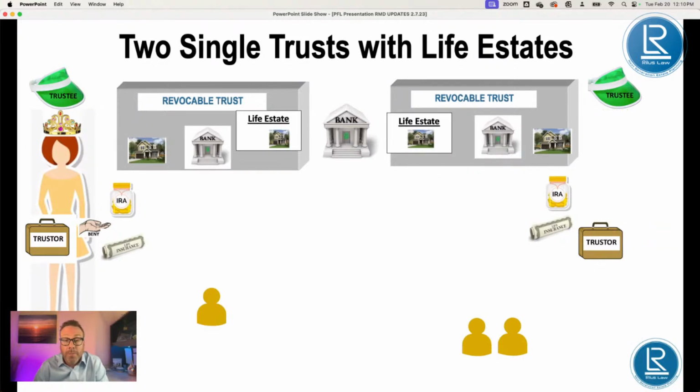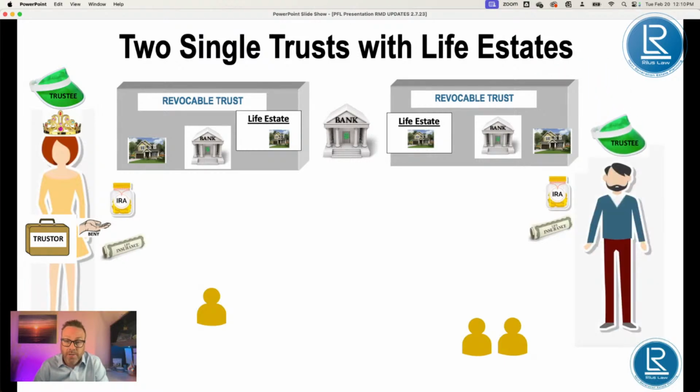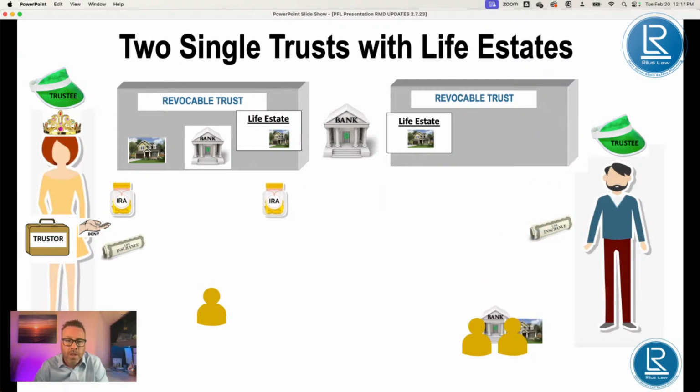Okay, so Mr. Estate passes away. The successor trustee of his trust is appointed, and they're going to distribute his assets accordingly. Now, this life estate means that Mrs. Estate over here can live in his share of the house. This gives her security that the kids can't sell the house and kick her out, or move in.